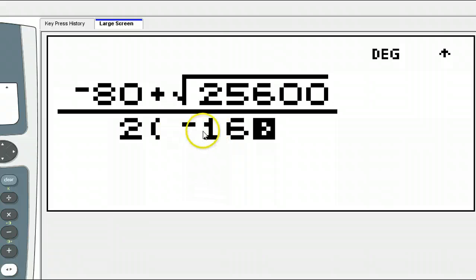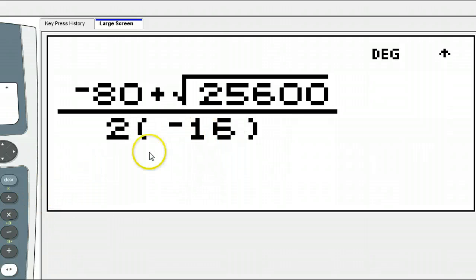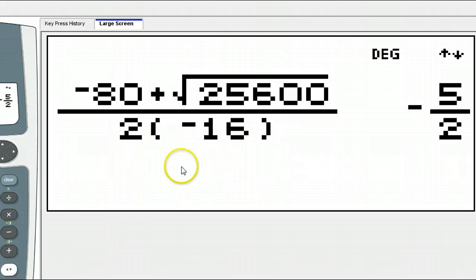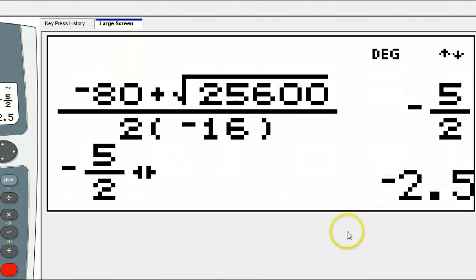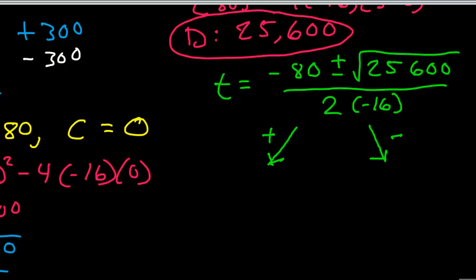Feel free to just put negative 32 here if you can do that multiplication in your head. And hit enter. So we're getting negative 5 over 2, which as a decimal is negative 2.5.